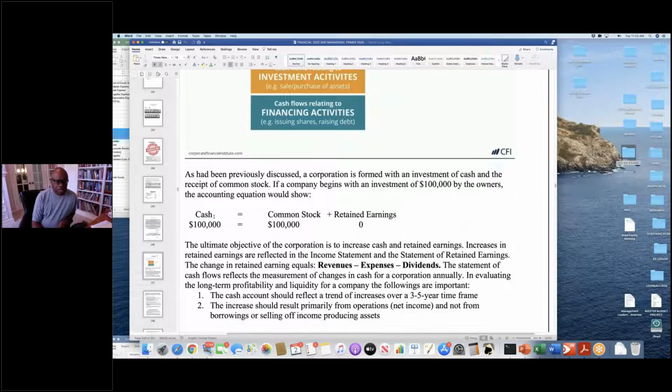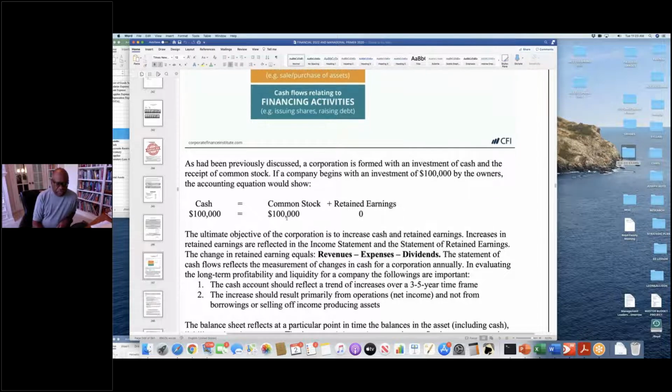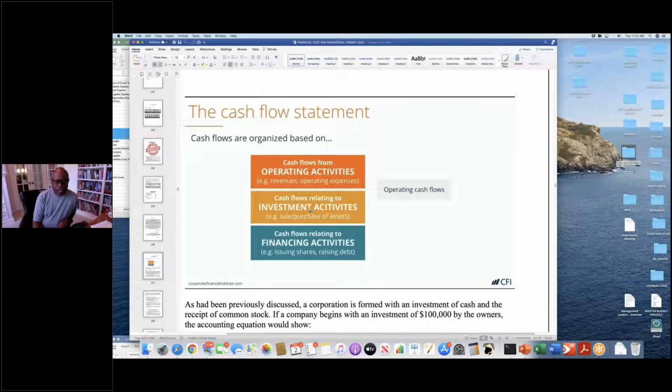And remember, we always started with a company putting cash in and getting common stock. The objective of the company is to increase the cash through earnings. See, cash can increase other ways, but we want to increase cash through earnings. We can increase cash by selling our assets.